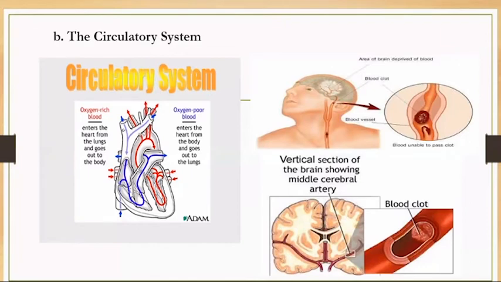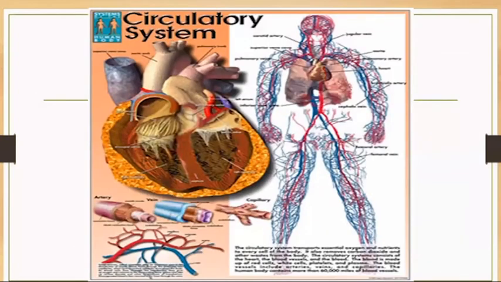So yun yung mga clotting. So yan yung mga sinasabi nagkakaroon ng mga high blood or yung pagbabara sa brain or sa part ng arteries ng brain. So yan, sa circulatory system also, because of the heart, it pumps and then it goes to all parts of the body.